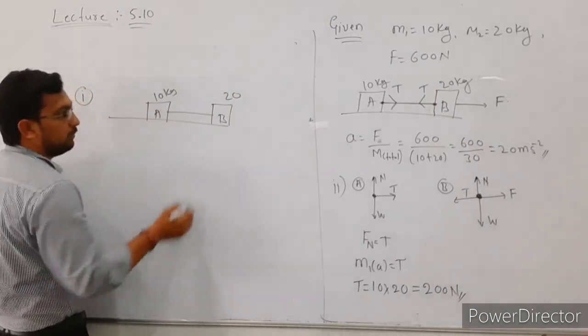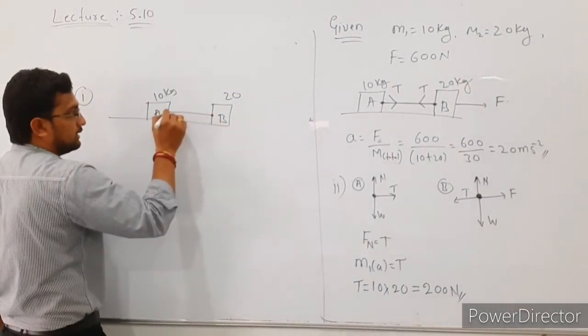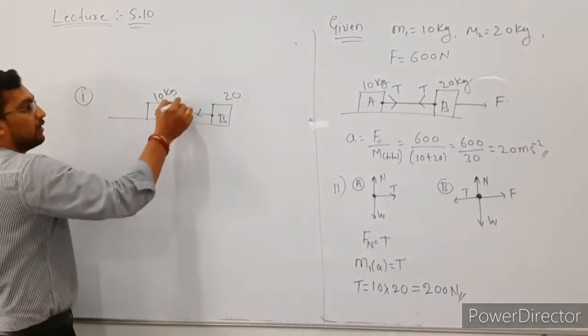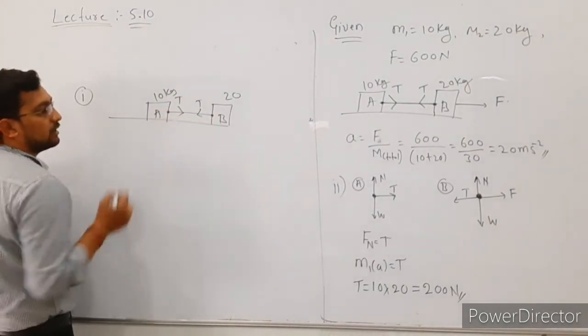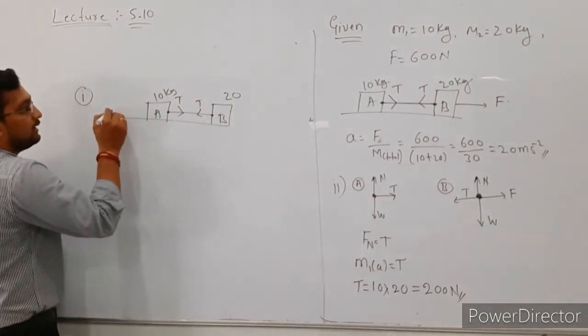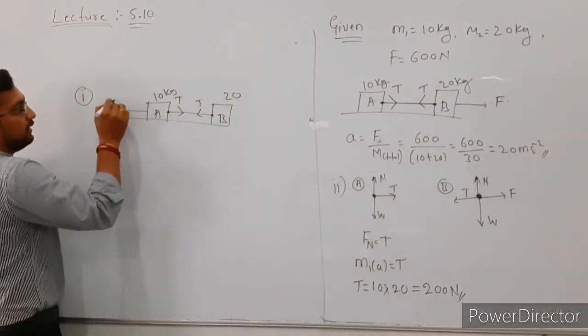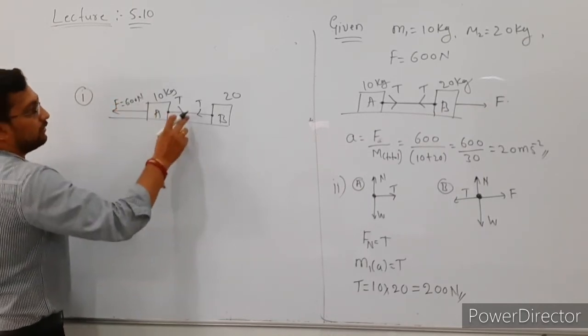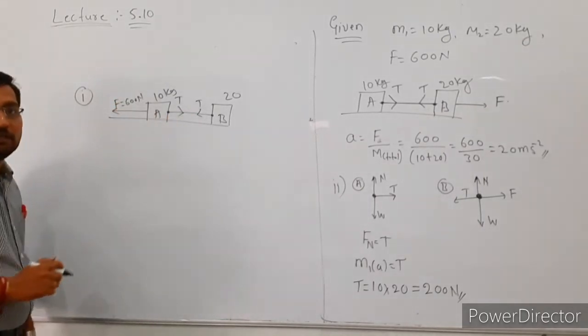Both are connected with the help of a light string, and this is the direction of tension. The direction of tension is always away from the point of contact. These two are the points of contact, and these two are the directions of tension. In this case, we are applying the force F in this direction, that is 600 Newton. So we are going to find out what is the tension inside the string.